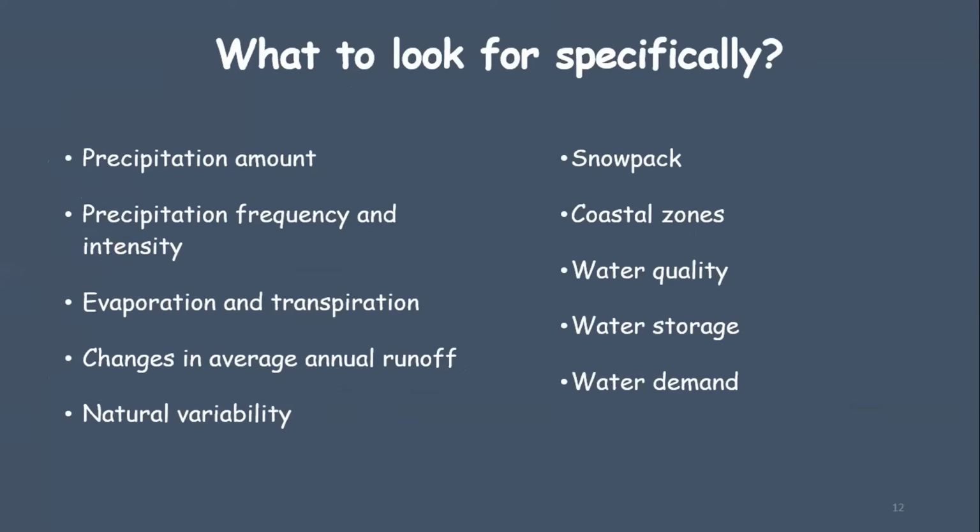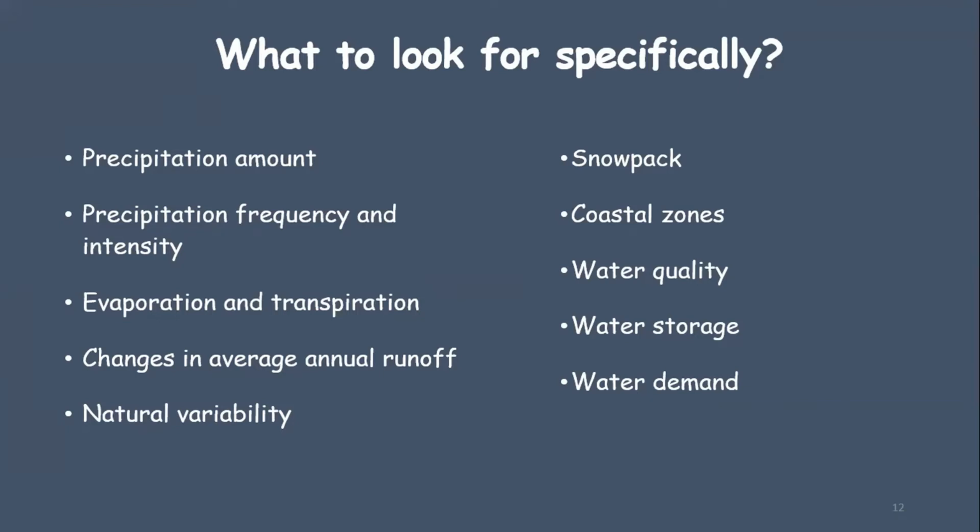So what can we do using remote sensing, especially as far as water management is concerned? We look at the amount of precipitation, how much precipitation is received in any area, its frequency and its intensity. Then we can also look at evapotranspiration and transpiration processes. What are the changes in average and annual runoff?